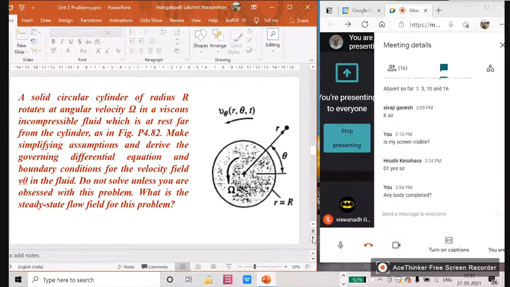So this problem: a solid circular cylinder of radius capital R rotates at an angular velocity omega in a viscous incompressible fluid which is at rest far from the cylinder.